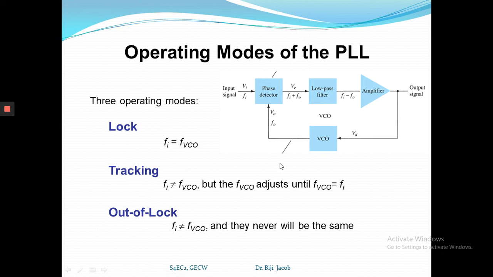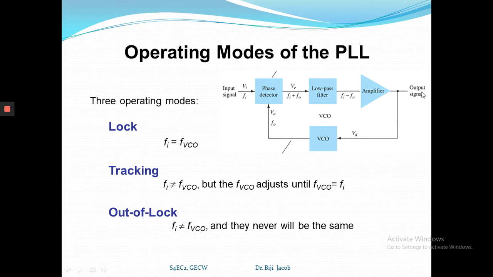Once the PLL is locked, the input frequency and VCO frequency will be the same. There may be a phase difference between the input and the VCO. Under the lock condition, the phase difference will be 90 degrees. That phase shift is used to control the VCO frequency.